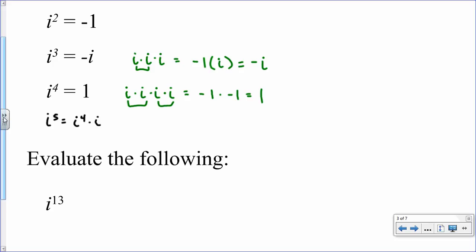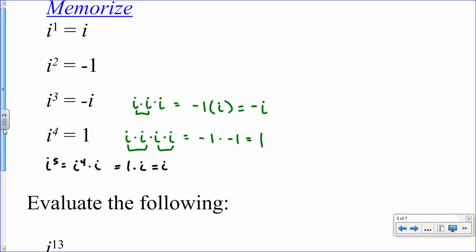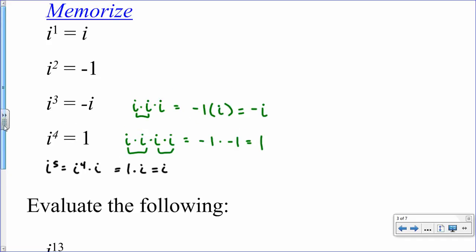Well, i to the 4th is 1, and then 1 times i is i. So it cycles back through: i to the 5th is i, i to the 6th is negative 1, i to the 7th is negative i, and i to the 8th is 1, and so on.